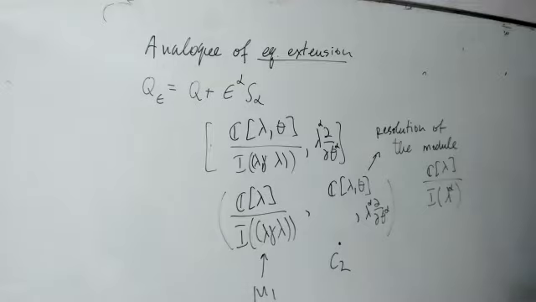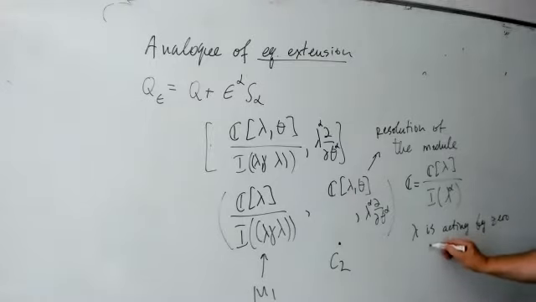Actually, this thing is C. So it means that lambda is acting by 0 on this module.